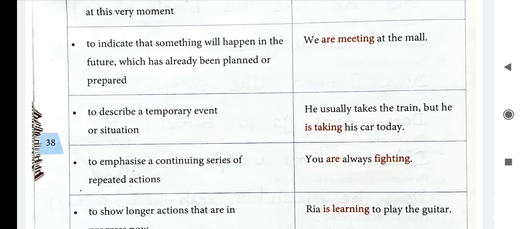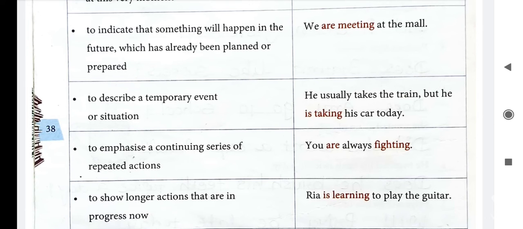Whether it is a negative or positive sentence, both are the same. He is meeting his friends after school. So this thing is going to happen in future, but it has already been planned in the present.